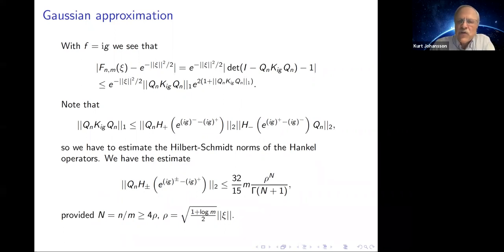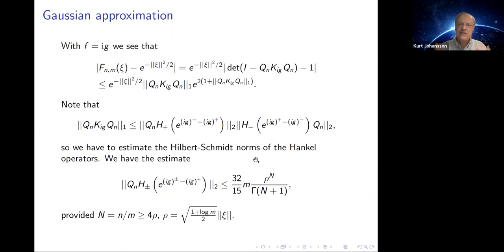At this point, you just have to sit down and compute now. We know what G is, so I can compute what this object here is. I compute the Fourier coefficients, but note that I cut off with Q_n. I only compute the high Fourier coefficients here, and estimate the Hilbert-Schmidt norm of that. I will not show you this; if you're interested, you can look in the paper.